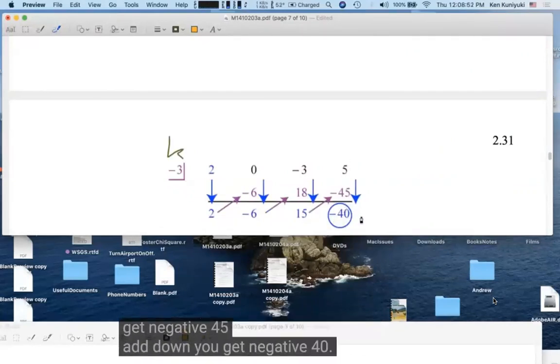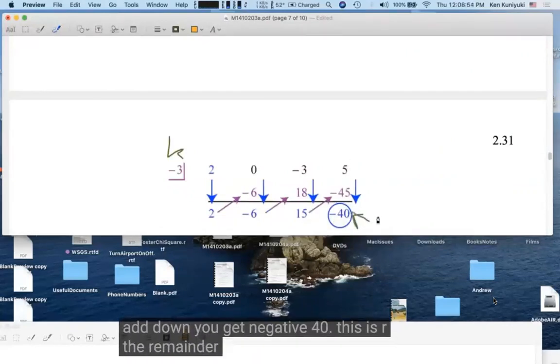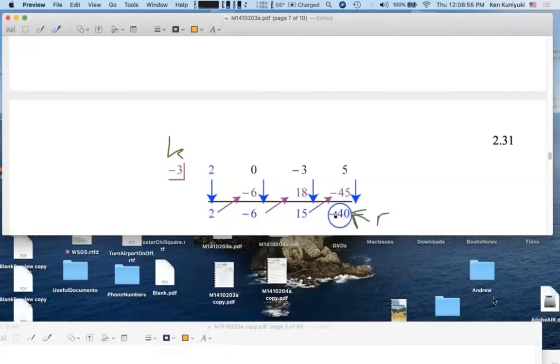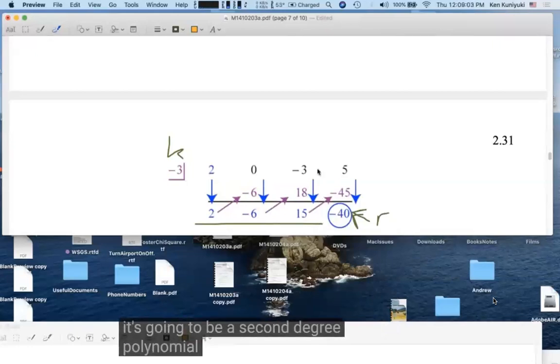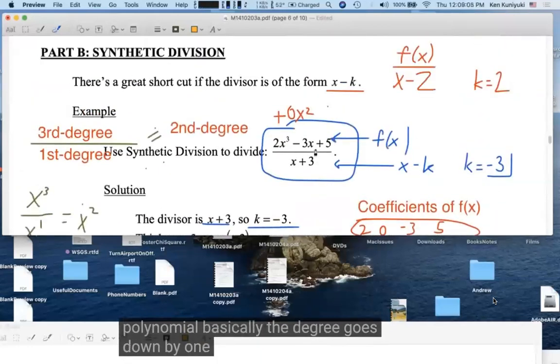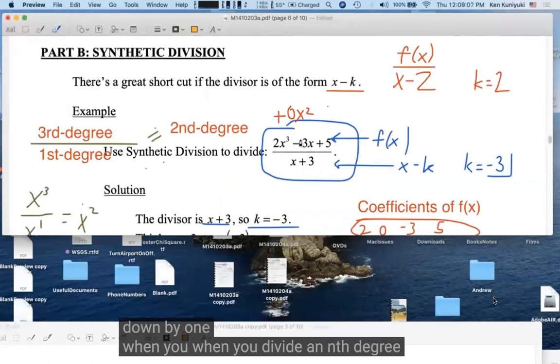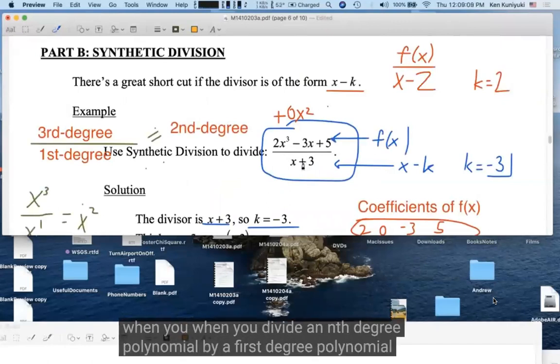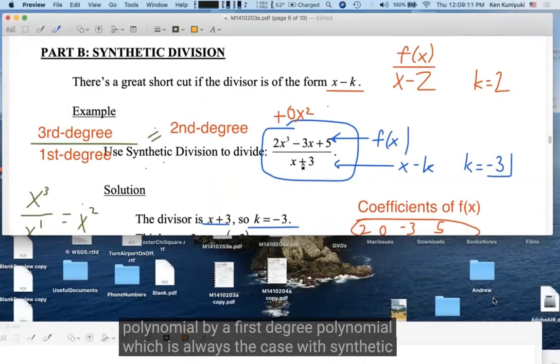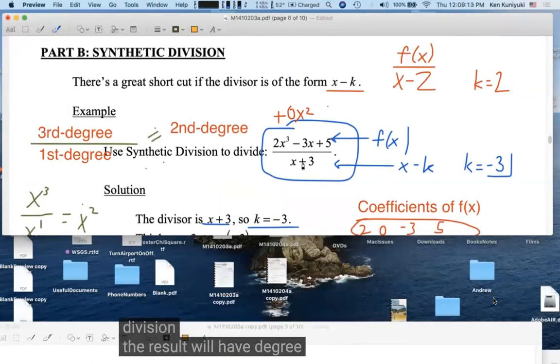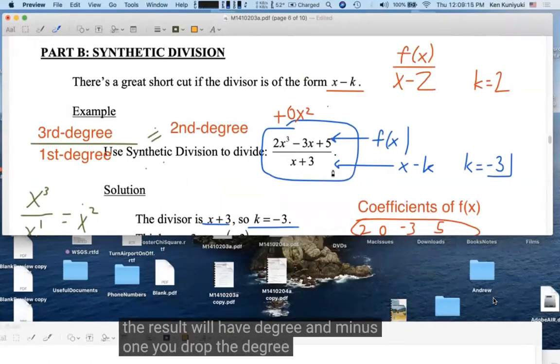Add down, you get negative 40. This is r, the remainder. You use these as the coefficients of your quotient. It's going to be a second degree polynomial. Basically, the degree goes down by 1. When you divide an nth degree polynomial by a first degree polynomial, which is always the case with synthetic division, the result will have degree n minus 1. You drop the degree by 1.